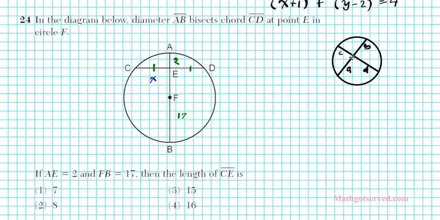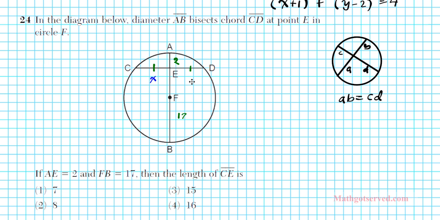The product of the lengths of the segments of one chord is the same as for the other chord. So A times B is equal to C times D.